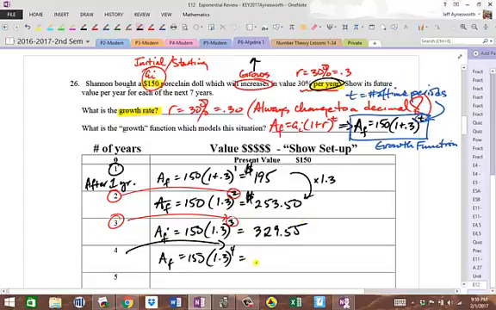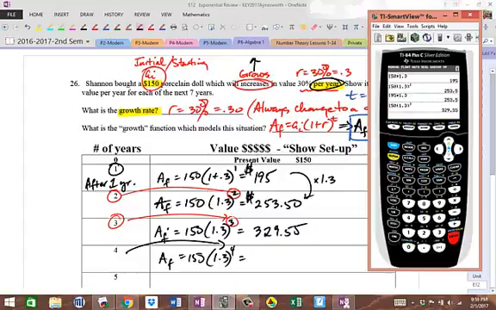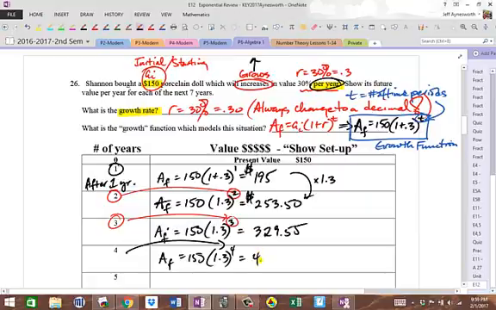And then you have to multiply it by another 130%. So it's 150 times 1.3 raised to the fourth power, $428.42. So notice how the value is increasing. You keep multiplying by this growth rate because it gets 30% larger every single time.